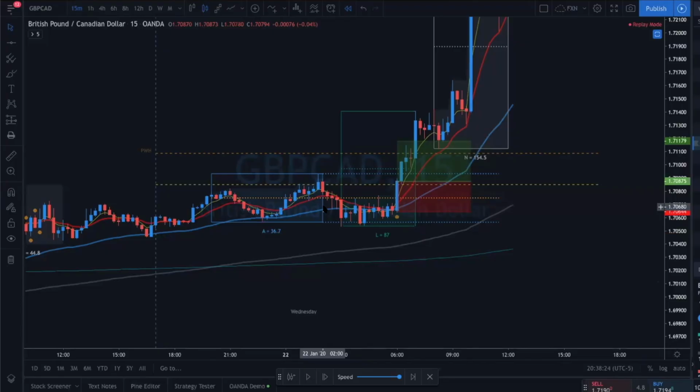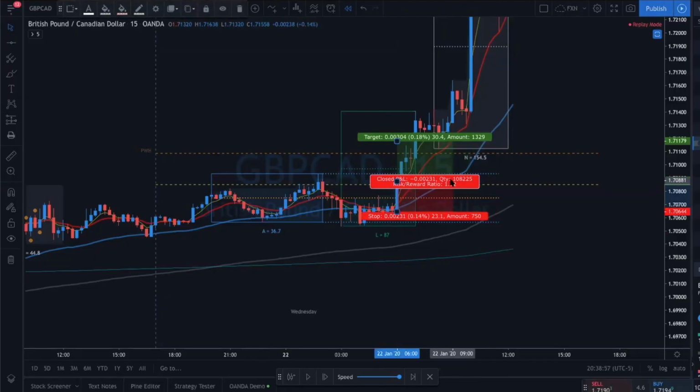Let's see, a 3 pip spread right now? Does everybody see the same thing if you look at your MT4? Yeah, 2.53. So take that into consideration.